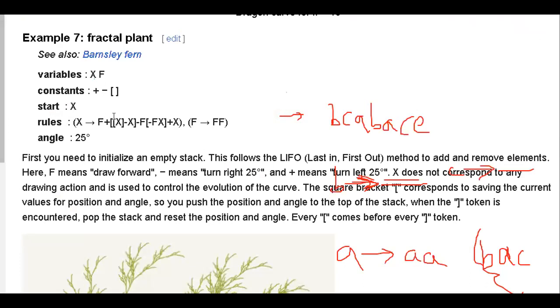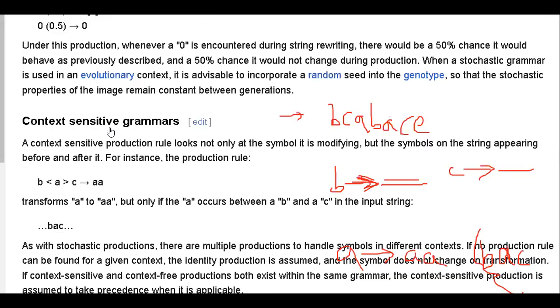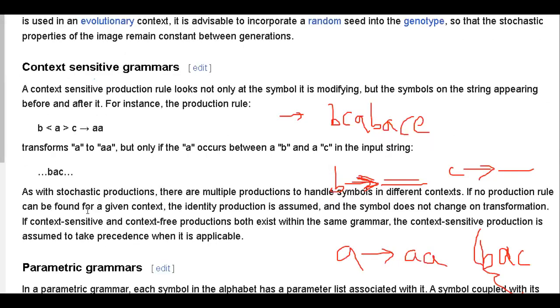We don't check the neighbor when you convert X into this, right? And these are context sensitive grammars, which always look at the neighbors.